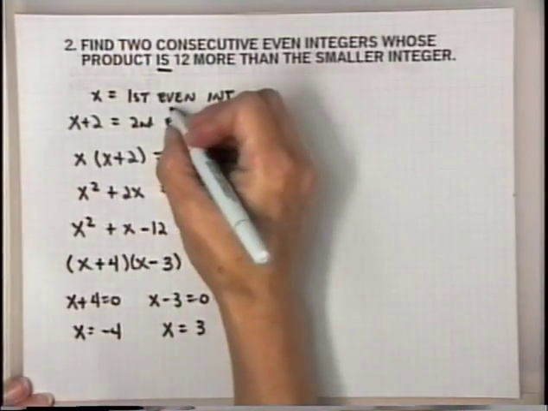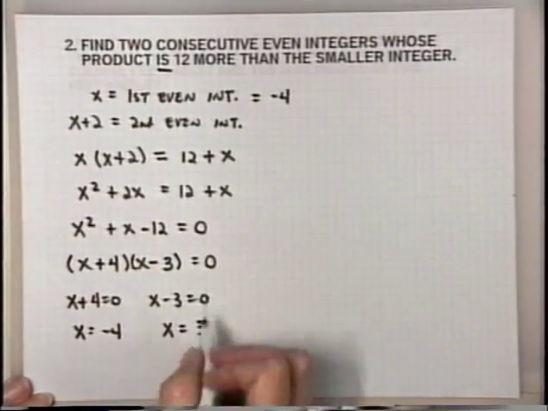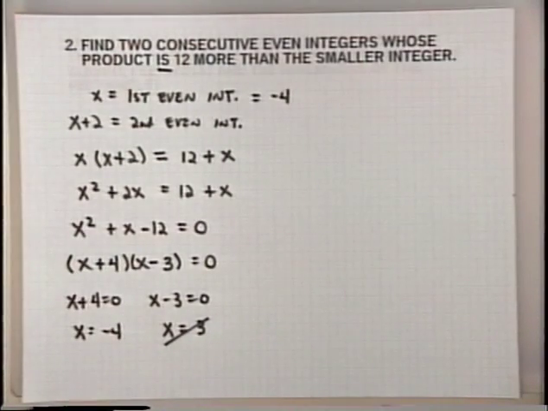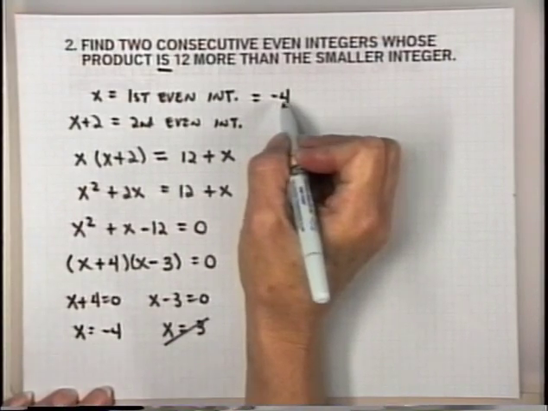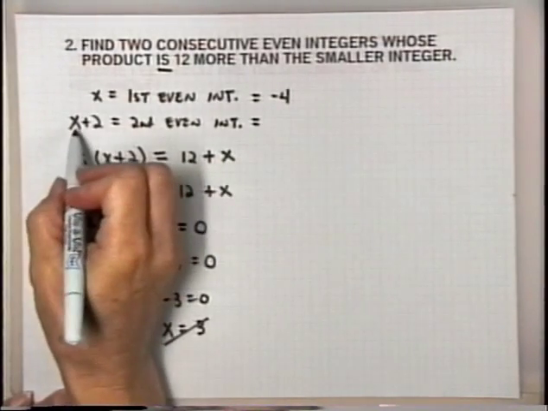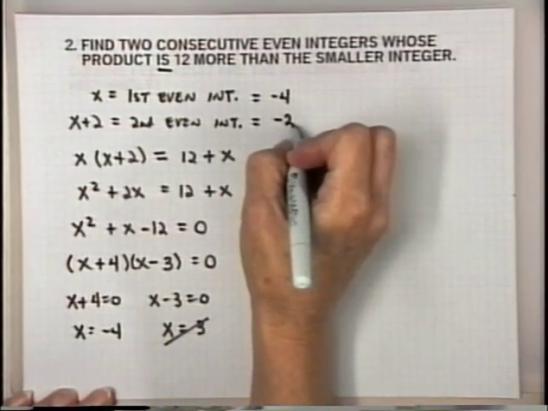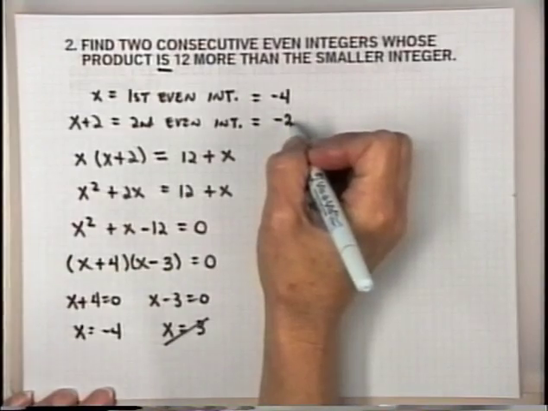Negative 4 is an even integer. But notice 3 is not an even integer, so I'm going to eliminate that possibility from consideration. If this first integer is negative 4, for my second integer, negative 4 plus 2 is negative 2. I have two consecutive even integers here.